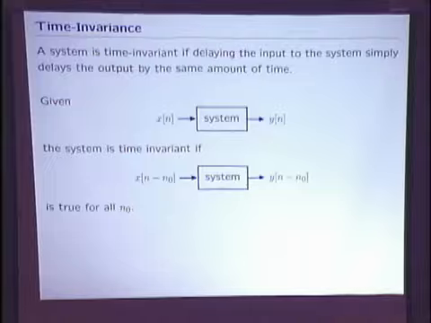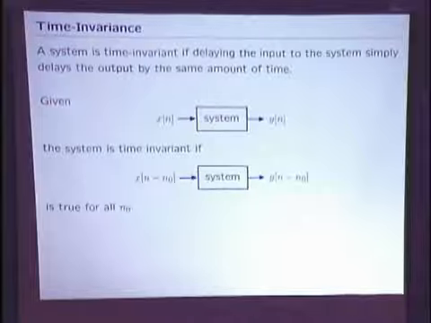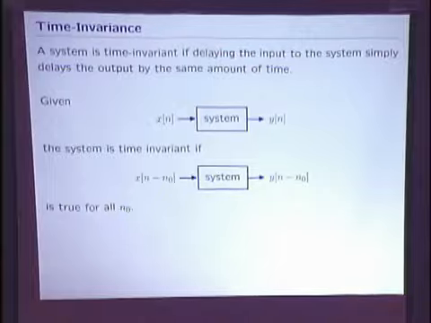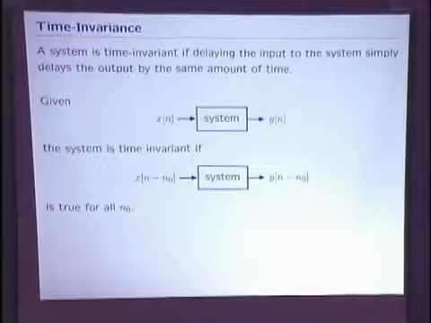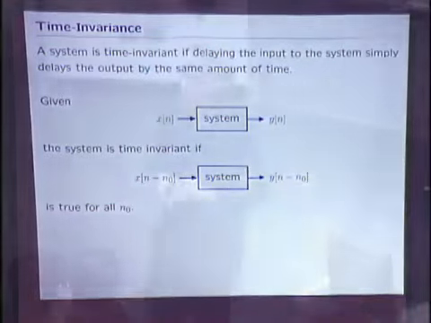Time invariance has a similar formal definition. We will call a system time invariant if, given that the response to x of n is y, a shifted version of the input simply shifts the response.